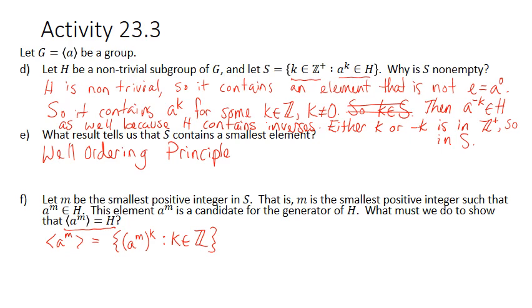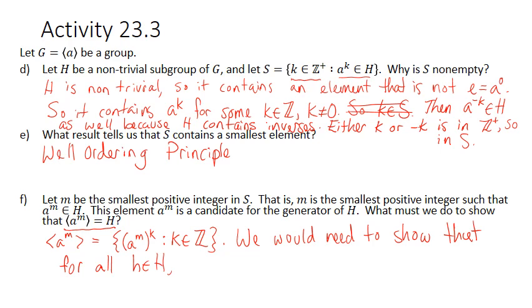So we would need to show, if we're going to say that that equals H, then for all elements, let's say little h in big H, little h equals (a to the m) to the k, which we could also write a to the mk if we wanted to, for some integer k. Okay, that would show that angle bracket a to the m equals H. All right, let's see if we can do it.